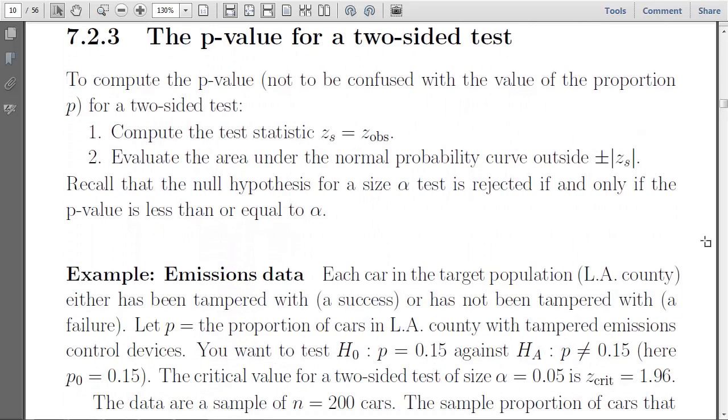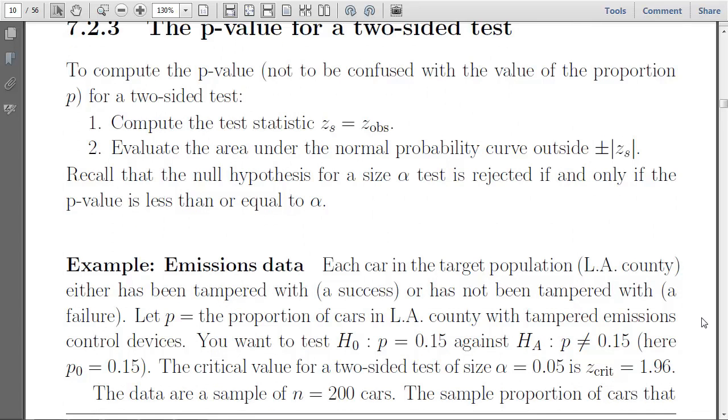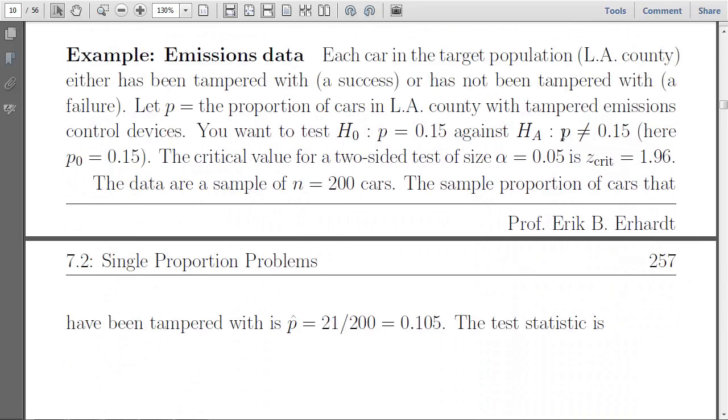So if we return to our emissions data example, we've got our car data, we've got our null hypothesis that the true population proportion is 0.15, and the alternative is that somehow the LA proportion is different from the entire California proportion. We're going to set our alpha level to 0.05, which gives us a critical value of 1.96.